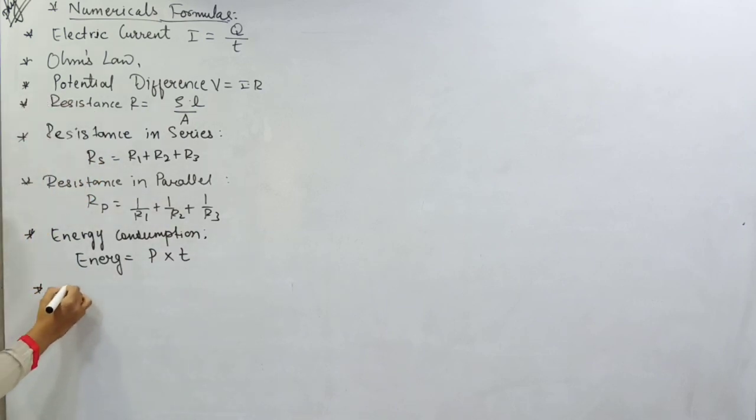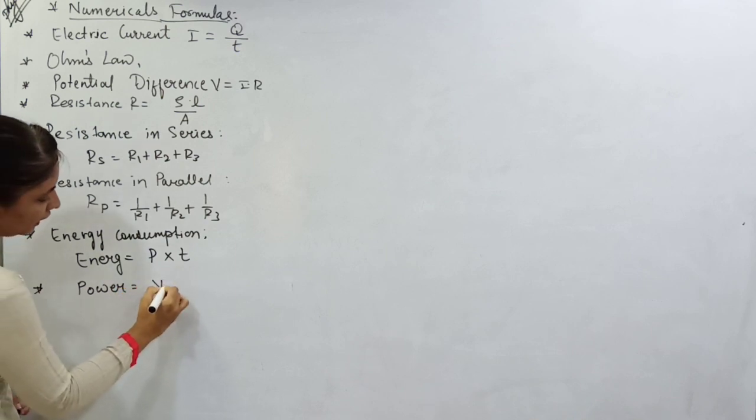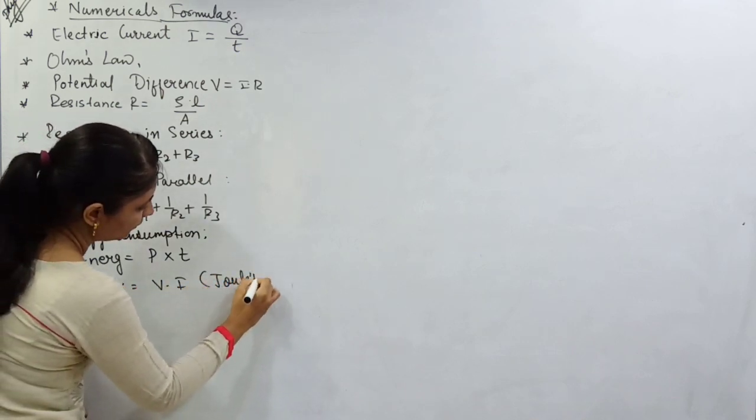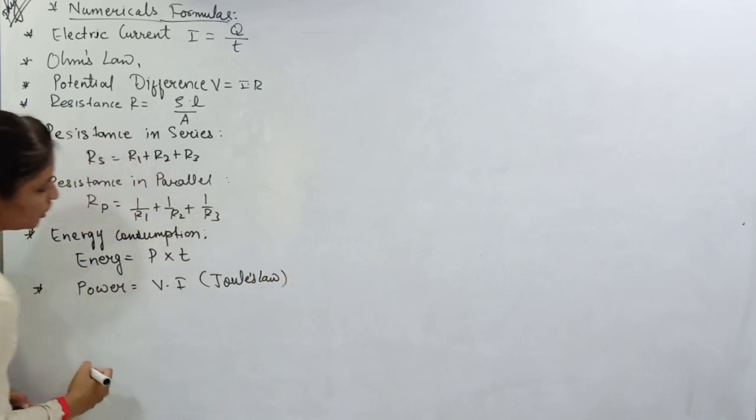Now what is power? Suppose you want to derive the power. Power is equal to V into I. We can call it Joule's law. We have derived this equation from Joule's law.